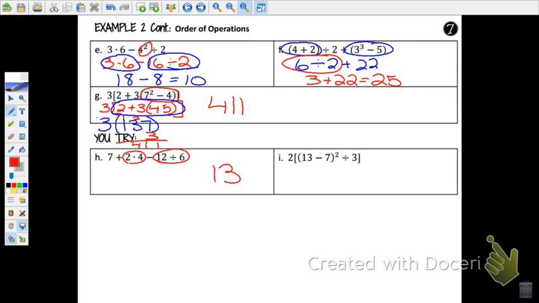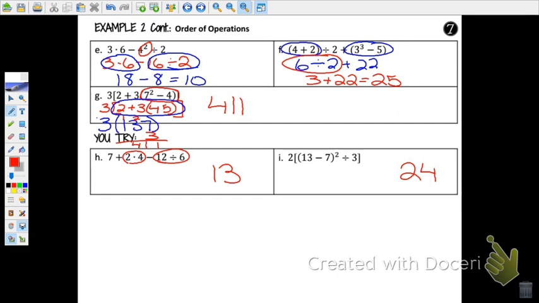Okay. I involved a little bit more work because again we had those parentheses inside of the brackets. What did we come up with for I? Come up with 24. 24 is the correct answer. Okay.